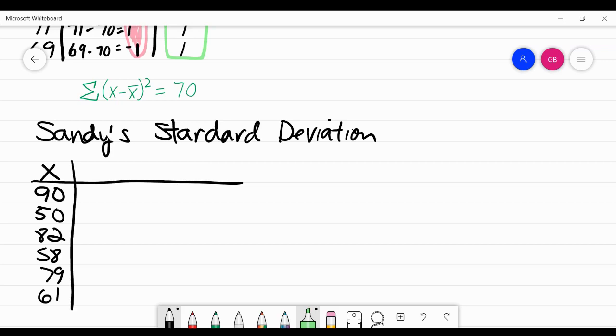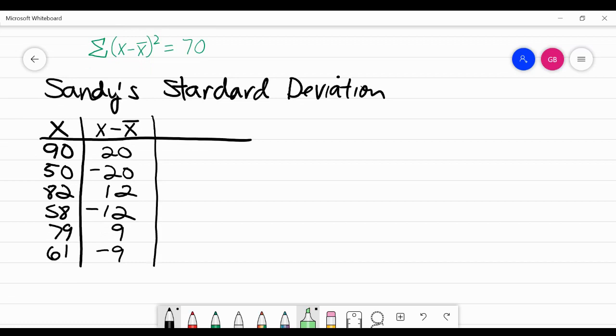Okay. Next, we're going to subtract the mean from each one of these numbers. Okay. So subtract 70. 90 minus 70 is 20. 50 minus 70 is negative 20. 82 minus 70 is 12. 58 minus 70 is negative 12. 79 minus 70 is 9. And 61 minus 70 is negative 9.